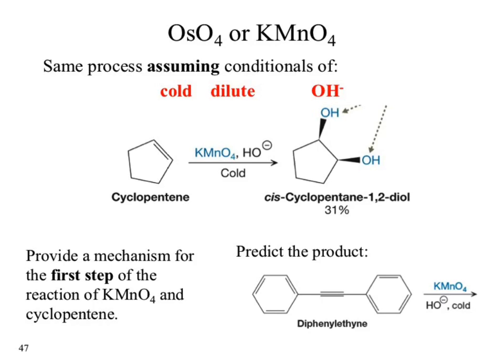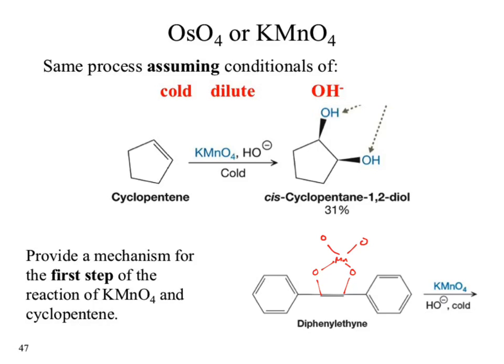So if we were to look at, say, this reaction on predicting a product, what would happen? In our first step, we get rid of the pi bond and we would replace it with our permanganate, being on the same side of the structure.